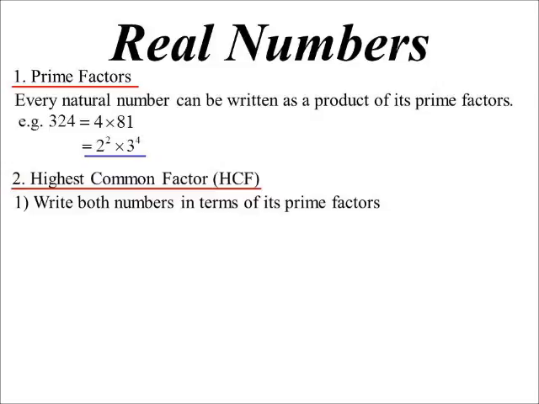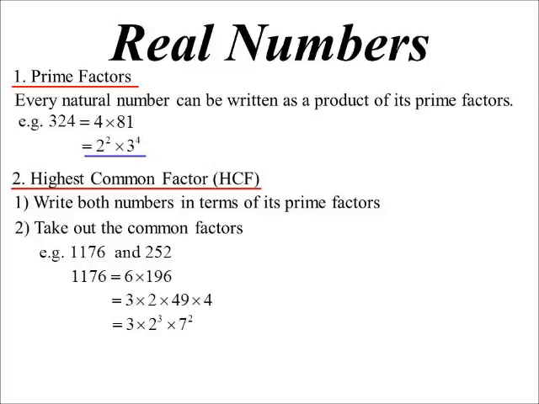Highest common factor then. How do you work it out? You get two numbers, you want to work out the highest common factor. You write them down in terms of their prime factors. Then you take out the common factors. So let's have a look. 1176 and 252. So 1176, that's 6 times 196, 3 times 2 times 49 times 4.